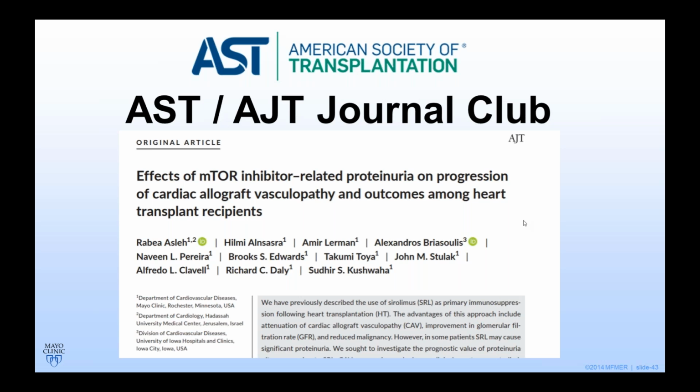In those extreme situations, if it's greater than 3 to 5 grams over 24 hours and we really can't control it with an ACE inhibitor, then we may end up switching back to a CNI or greatly reducing the dose of sirolimus and introducing tacrolimus back, so they end up on quad immunosuppression if you include the steroids. There are very few patients who become truly nephrotic.